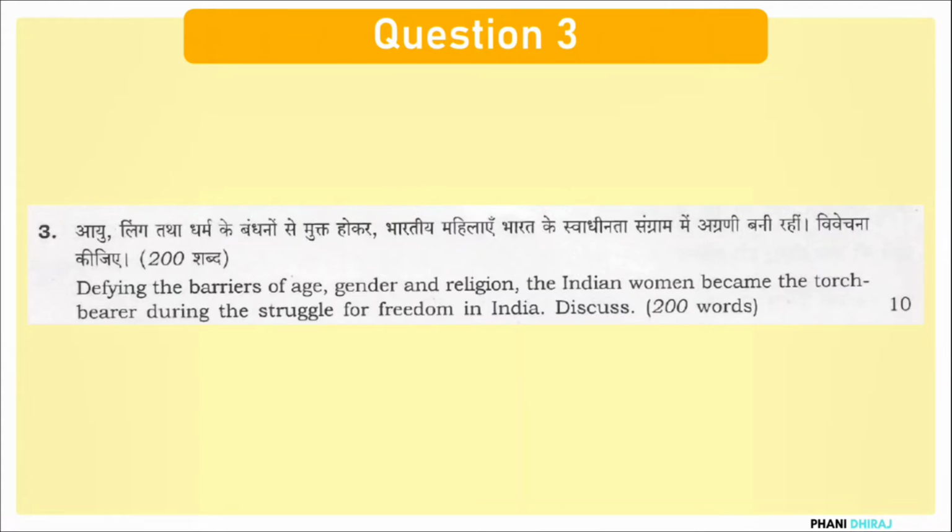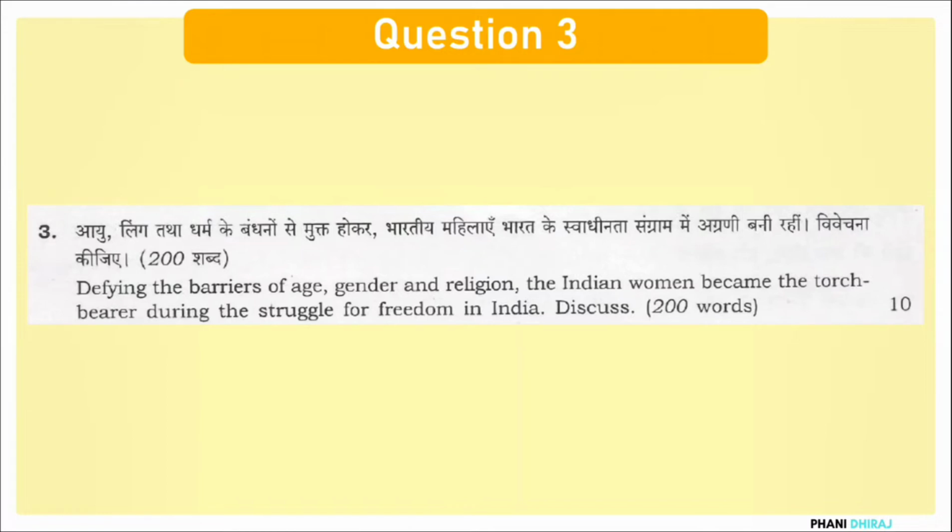You have to pick a few examples, at least 3 examples from different formats, meaning in the sense you have some foreign women who joined the Indian freedom struggle movement, you have some young leaders, you have some old leaders, right?